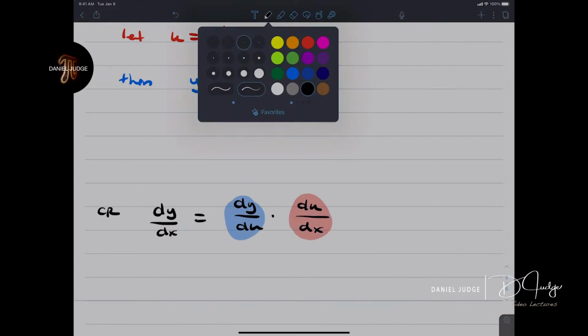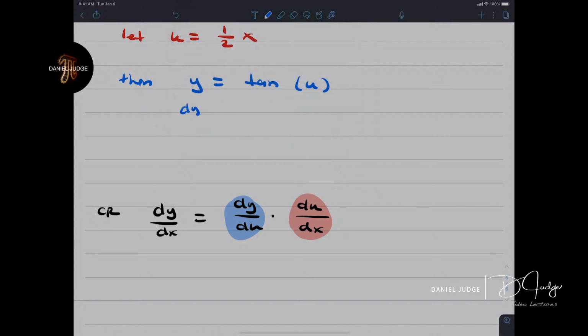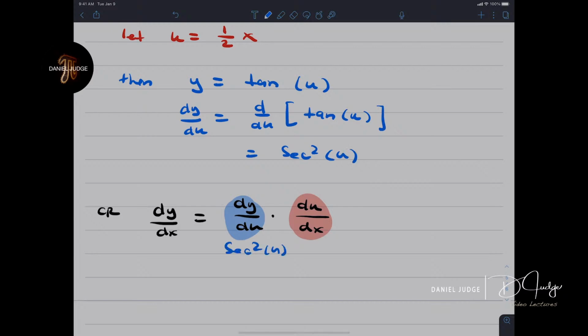So dy du becomes the derivative of tangent. And the derivative of tangent is secant squared. So this portion is secant squared.